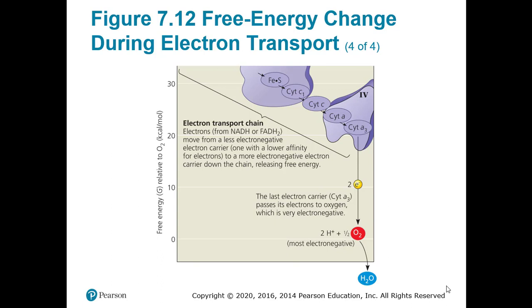So the last carrier, cytochrome A3, is going to pass the electrons to oxygen. Oxygen is pretty electronegative. Oxygen is usually an O2 molecule, and it wants to be there, which is why it has 1/2. It's going to take 2 hydrogen ions and 1 oxygen to make a water, so this has to happen twice.